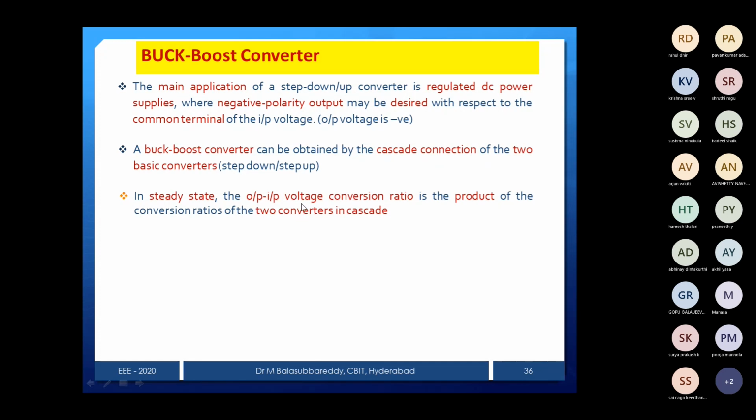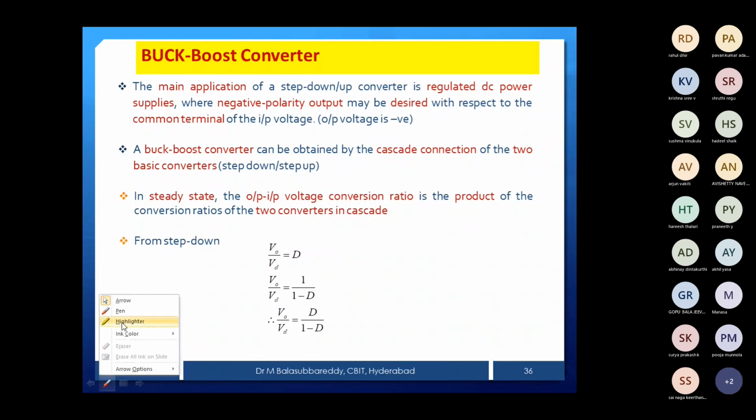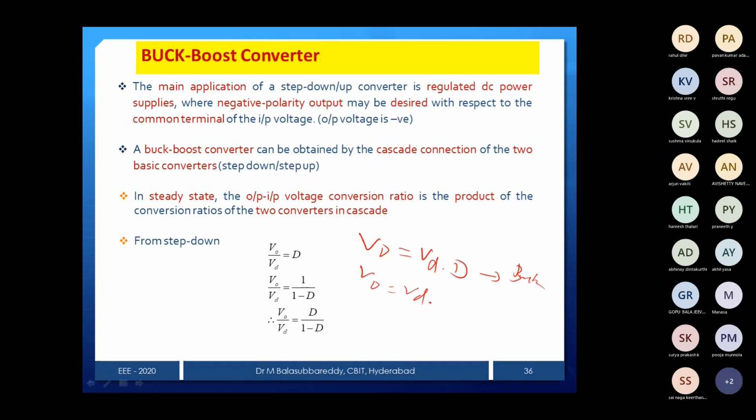In the steady state input-output voltage relations, because it is a cascade, as I told you, one relation is V out is equal to Vd into D. This is the buck. Another one is V out is equal to Vd into 1 by 1 minus D. This is the boost. You cascade these two things.